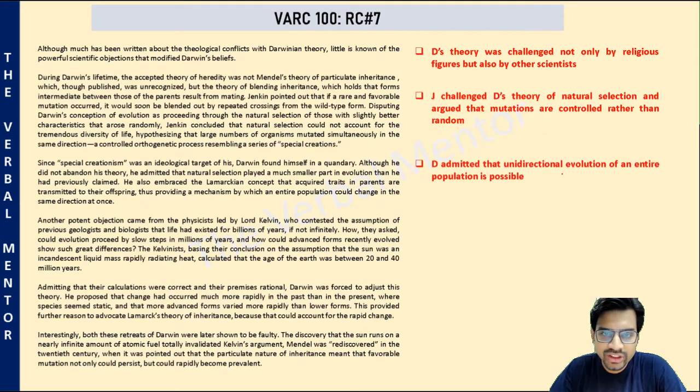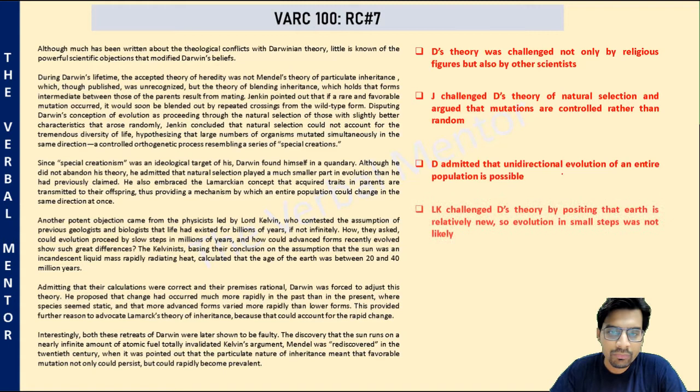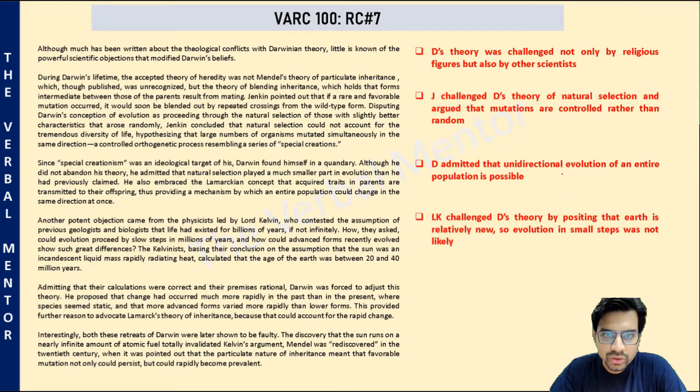As a response to Jenkins' objection, Darwin admitted that unidirectional evolution of an entire population is possible. Then later, another scientist, Kelvin, challenged Darwin's theory by positing that Earth is relatively new, and therefore small evolution in small steps is not likely, because otherwise we would not have such a diverse fauna.